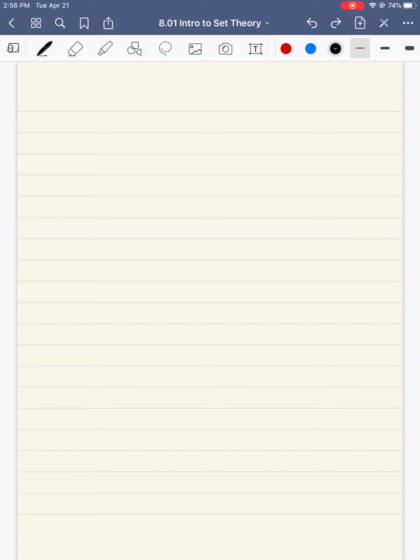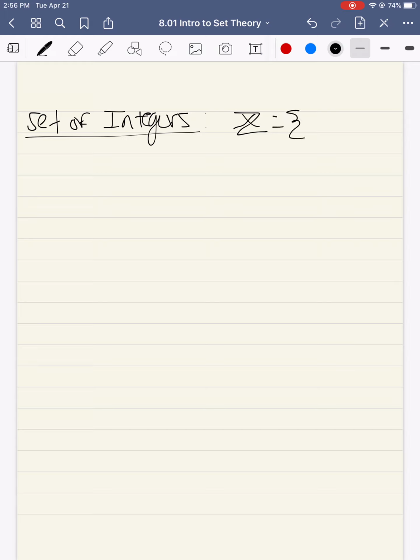So the set of all integers, so let's start with the smaller set of those 3. You've been using this notation already. So this is Z, with this backslash cross through. And this is the set of all integers.